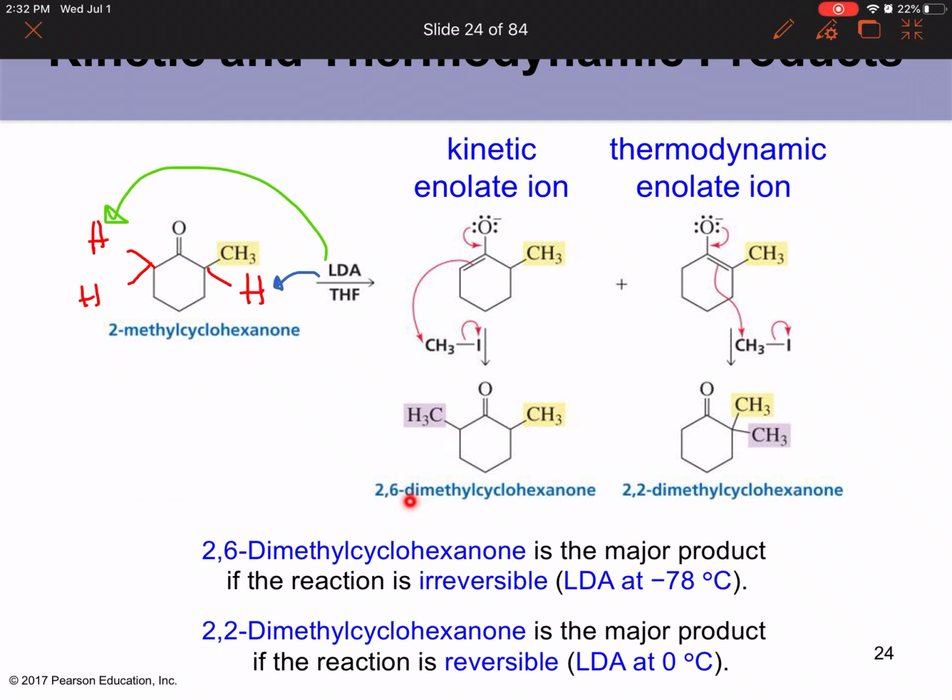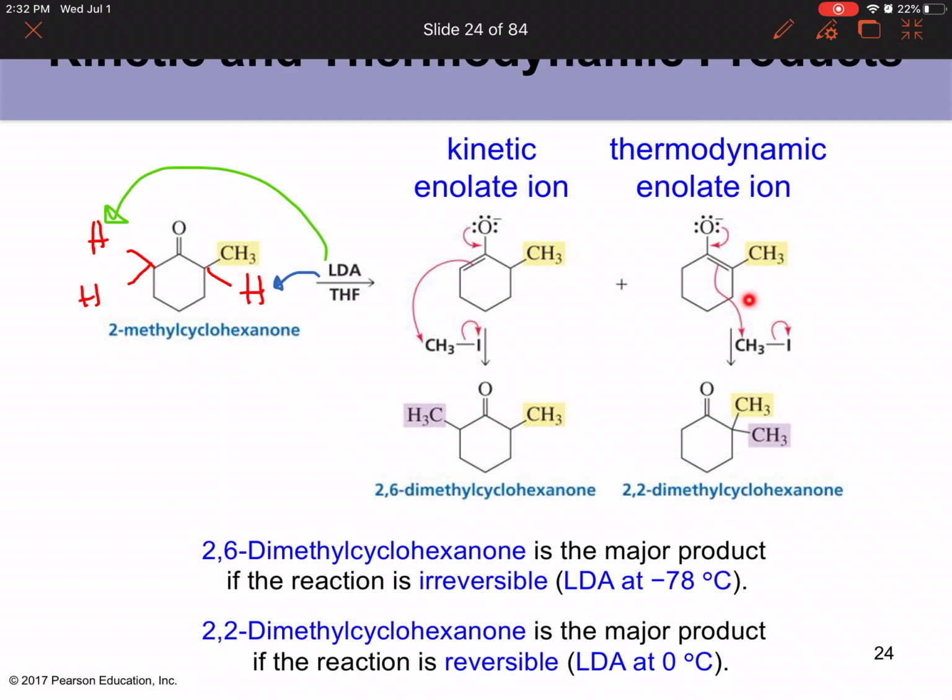So you can form 2,6-dimethyl cyclohexanone. 2,6-dimethyl cyclohexanone is the major product if the reaction is irreversible, and this reaction is irreversible, and done at very low temperature, negative 78 degrees Celsius.